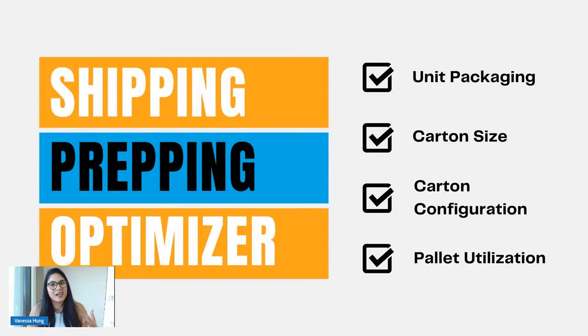So is that really the carton that you need to use to send the most units to your warehouse or to FBA? Or how is the configuration of your pallet? Again, this is a huge money saver if you do it right, and you need to start asking those questions.